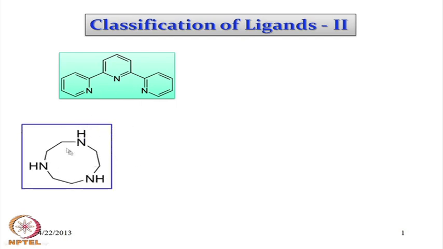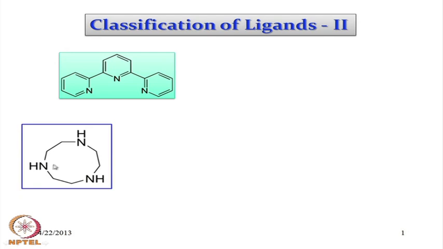And related to these, just now we have seen that if we have a bigger cyclic ligand, we call it a macrocyclic ligand. But if the cycle is a little bit small, and we have only 3 nitrogen donor atoms, and those are all secondary nitrogen donor atoms, that means the functions are NH, then the nitrogen lone pairs from this nitrogen to this nitrogen to this nitrogen are all available to bind to the metal center.